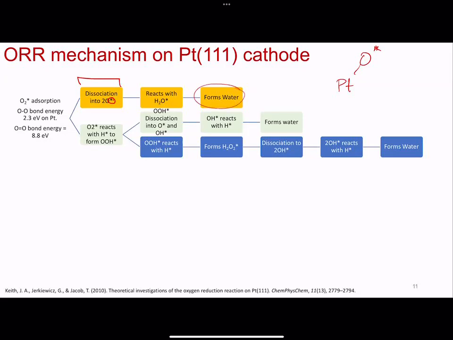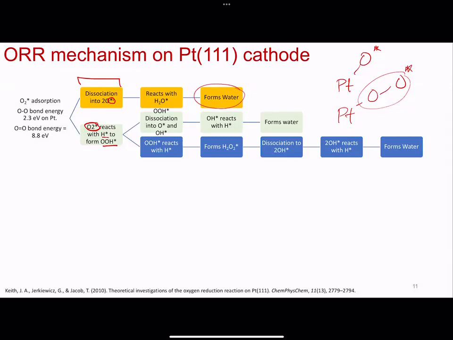It can also adsorb as platinum, something like this. So this whole species is adsorbed. And then that reacts with, let's say, a hydrogen that's on the surface. It can form this OOH that's adsorbed.